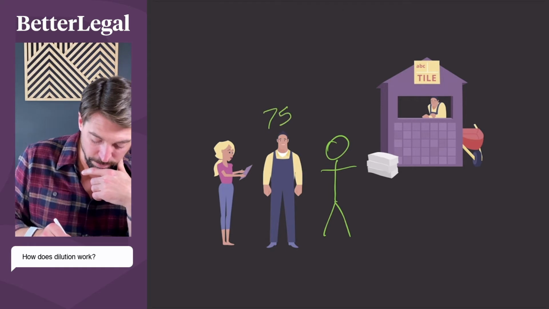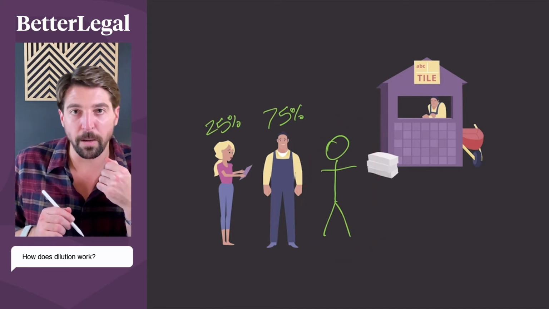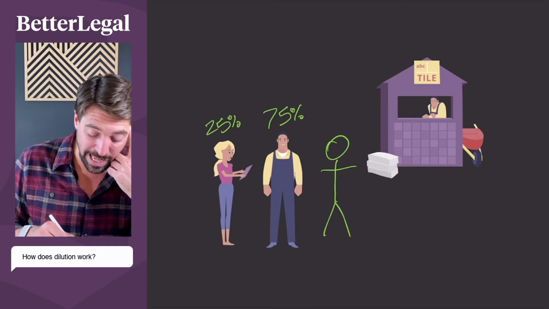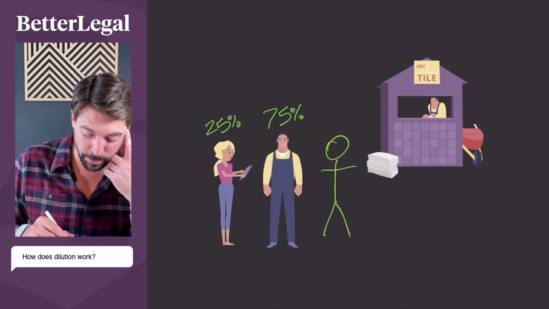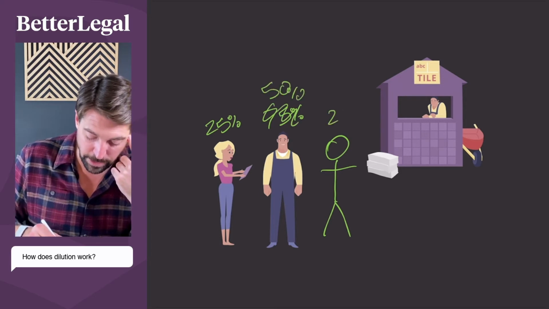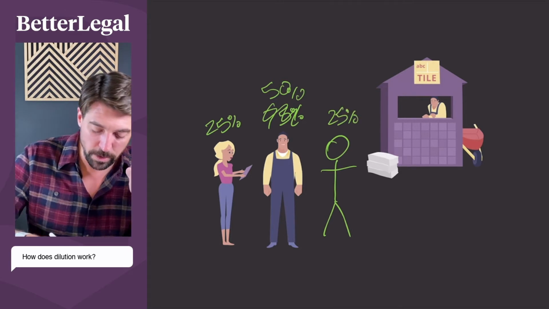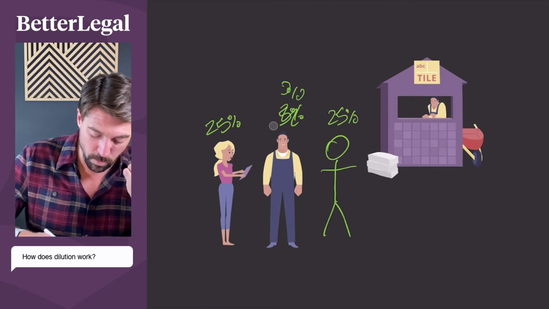He owns 75% and she owns 25%. This person wants to buy 25% of the company. John can sell this stick man 25% of his percent to make it, but he doesn't want to do that.